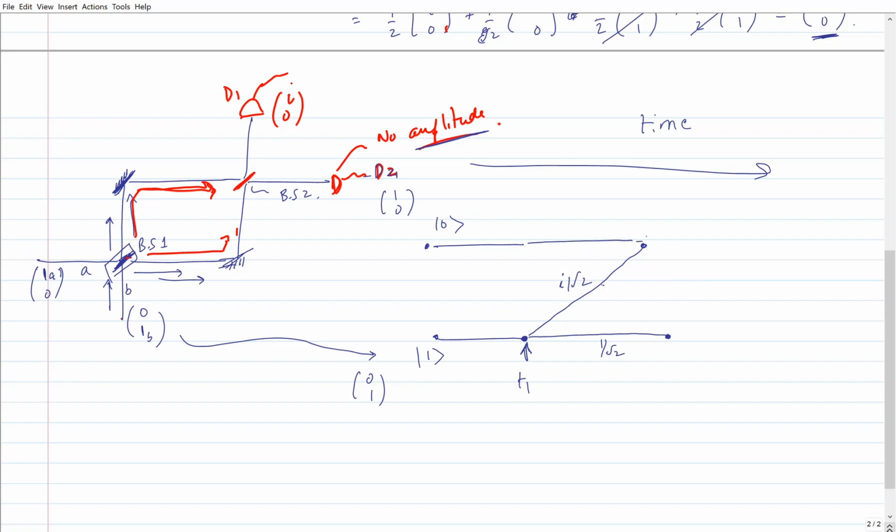So now at this point I encounter my second beam splitter, BS2. So this was BS1, this was BS2, and my paths again split. Path 1, and I also get these contributions over here.